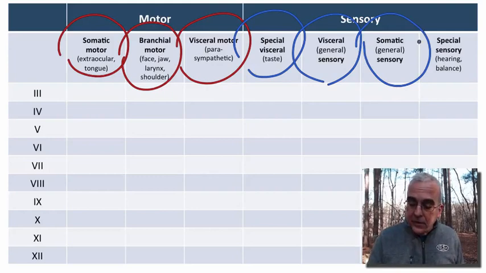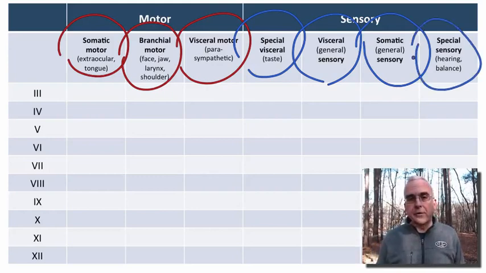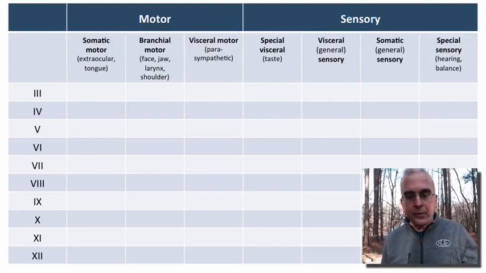And then lastly, in the cranial region, we have special sensory systems. And there are some that attach to the brainstem, specifically first-order afferents that are concerned with our sense of hearing and our sense of balance. Okay, so this is the embryological framework that we're going to apply.